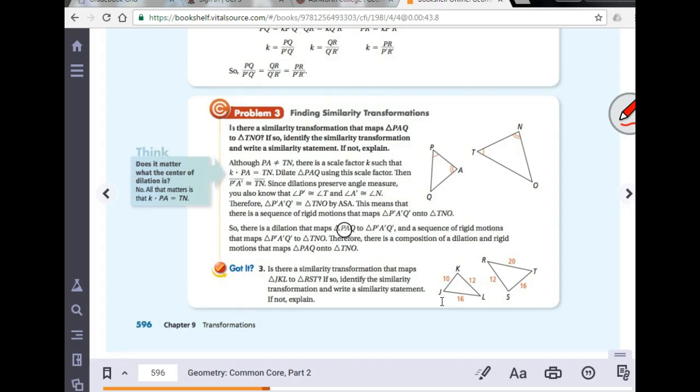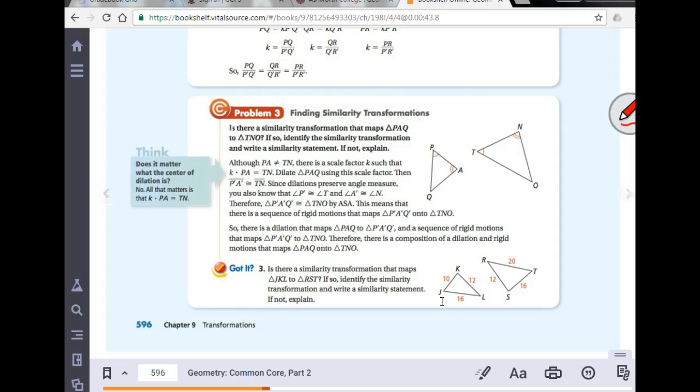So there is a dilation that maps PAQ to P prime A prime Q prime, and a sequence of rigid motions that map that onto TNO. Therefore, there is a composition of dilation and rigid motions that maps PAQ onto TNO.